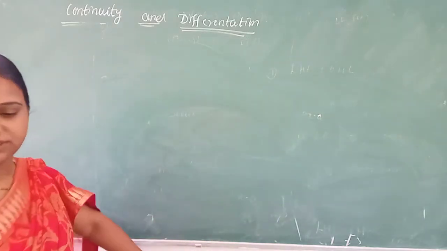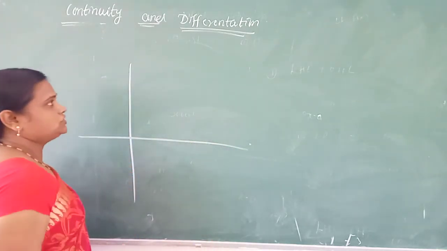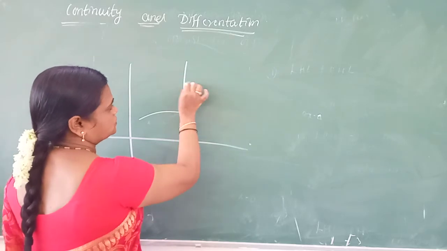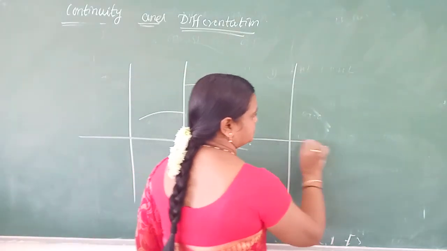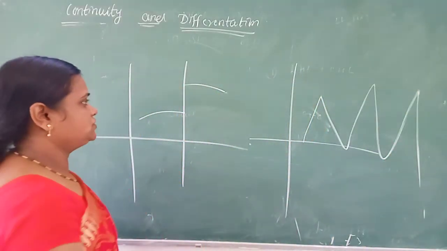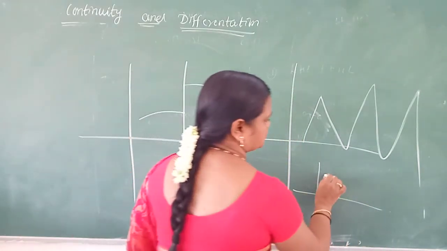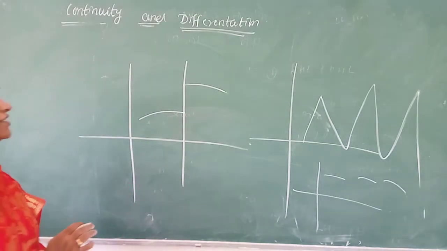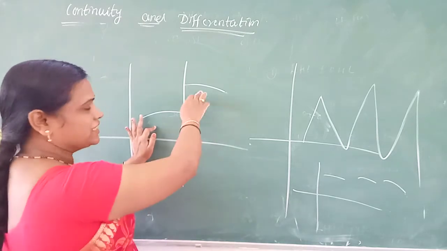And next, just concentrate here. We will take another graph of the functions. That is like this. And next, these are the functions. See, here you assume that this is left hand, this is right hand.